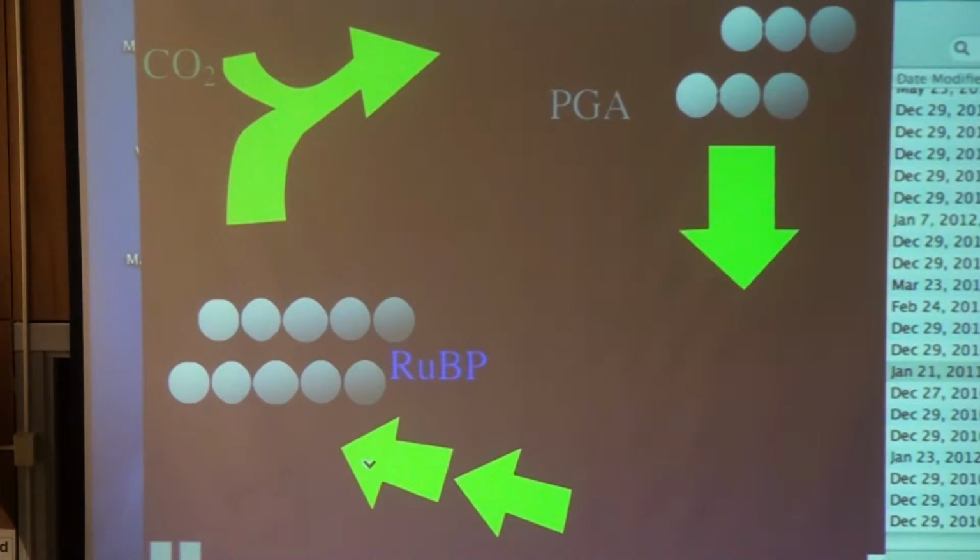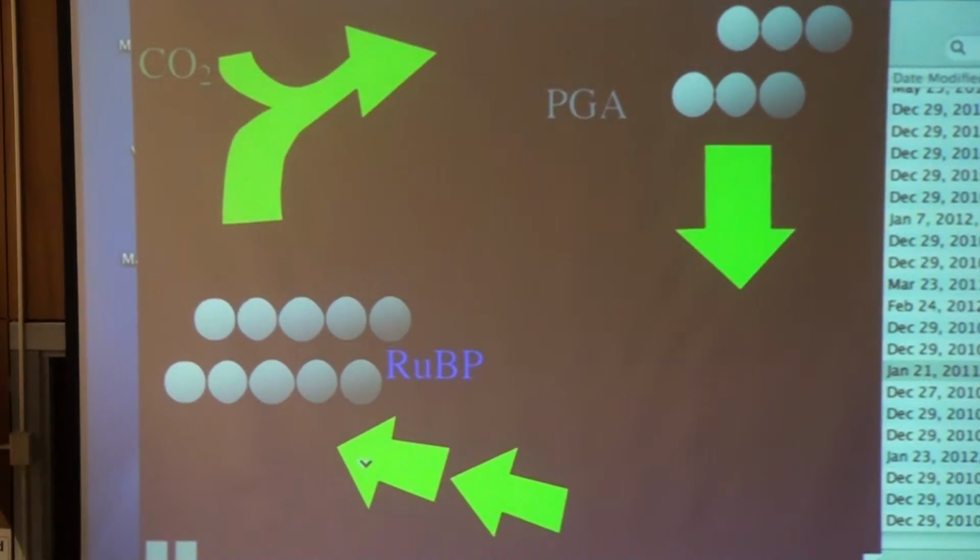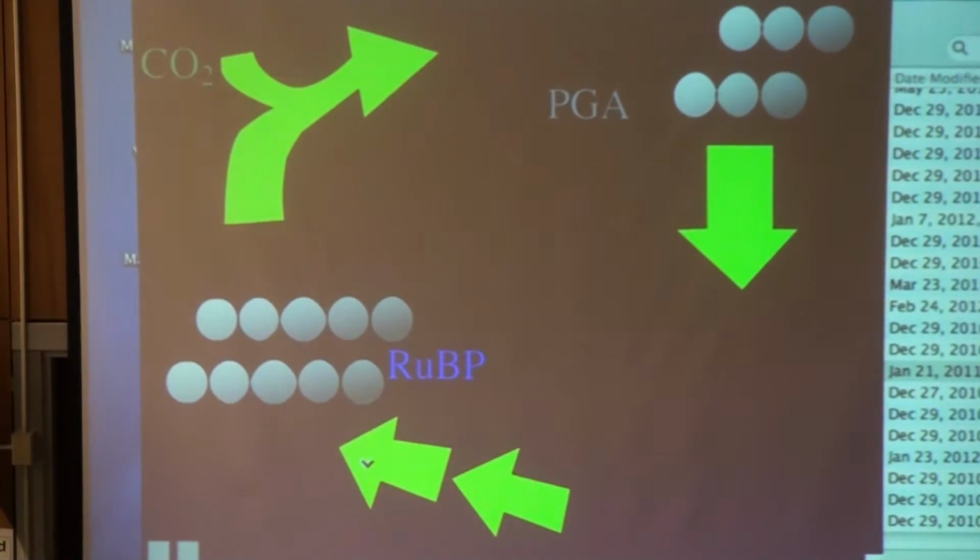So you really end up with 2 molecules of PGA. And so if I ask you, what is the first molecule that carbon dioxide is fixed into, you should answer PGA, because this one doesn't count, it's not a stable molecule. Okay, so we used up one of our RUBPs and we ended up with 2 PGA molecules.